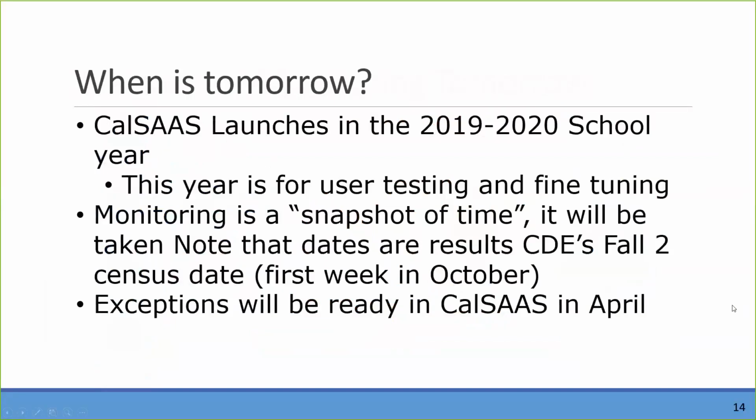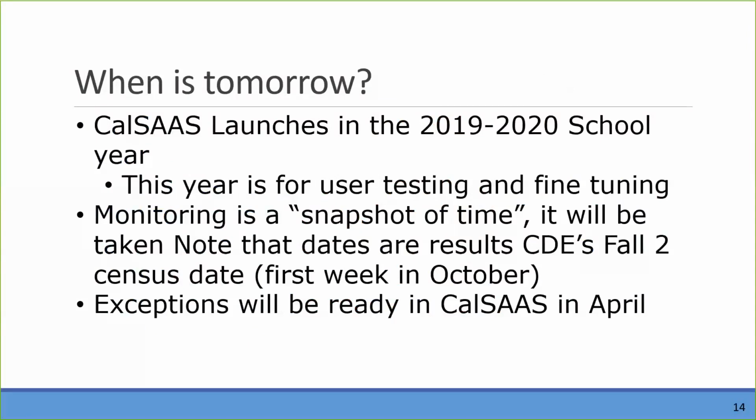So when does this all occur? The CalSAAS launches the new system, and this is true whether the bill passes or not, because the authority to have the CalSAAS is built. How we collect the data, 1/4 or decile or annual for all, or charter schools, not charter schools, that all is subject to change depending on whether the bill passes or not. But the CalSAAS system itself is definitely happening.